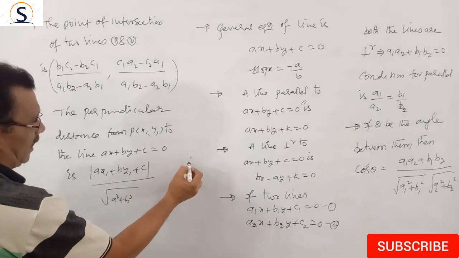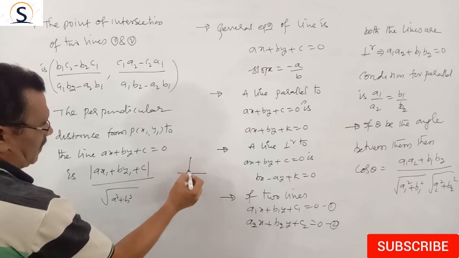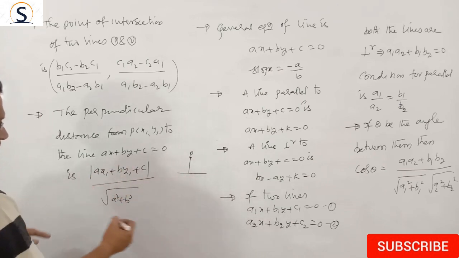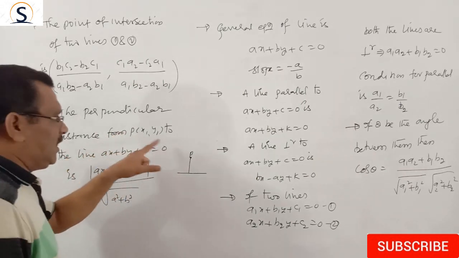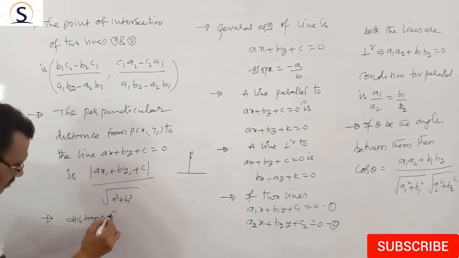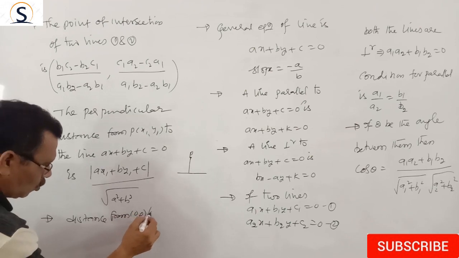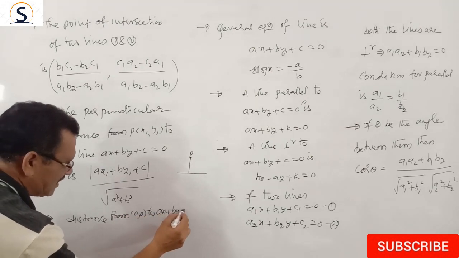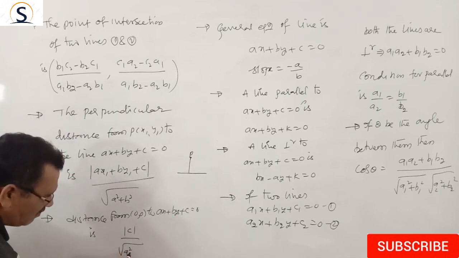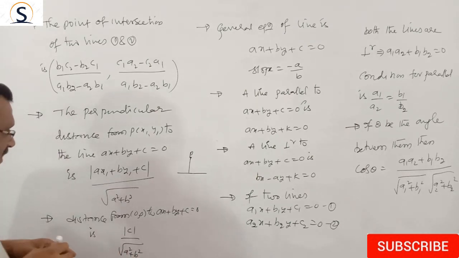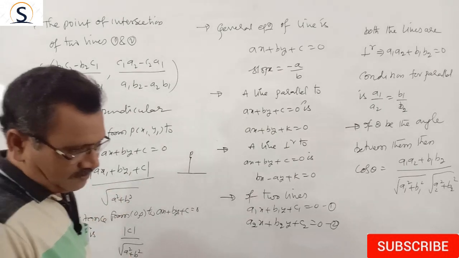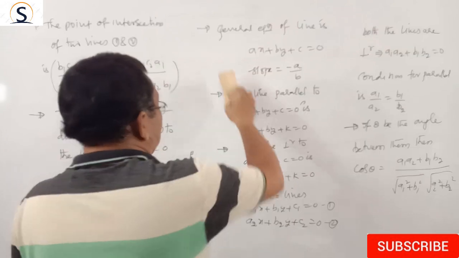That means here is a point, here is a line, I drop a perpendicular, the distance from P to line, this is what the perpendicular distance. If the point is origin, now distance from origin to ax plus by plus c is equal to 0 is mod c by root a square plus b square. Since x1 y1 is 0 0, both the terms cancel zeros, then mod c by root of a square plus b square, this is the perpendicular distance.